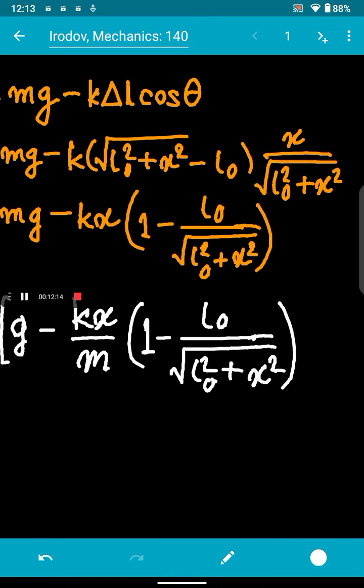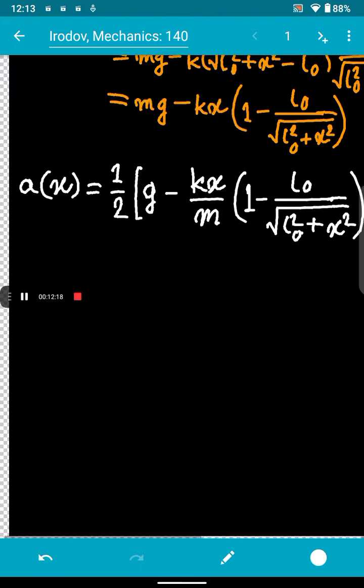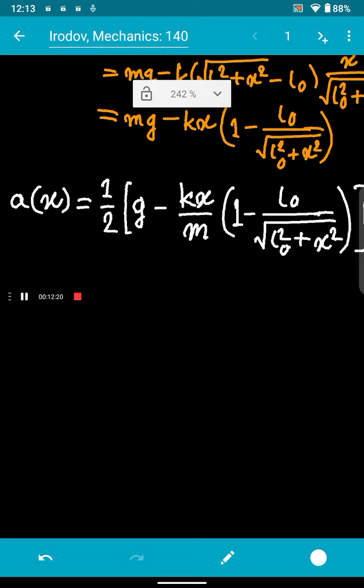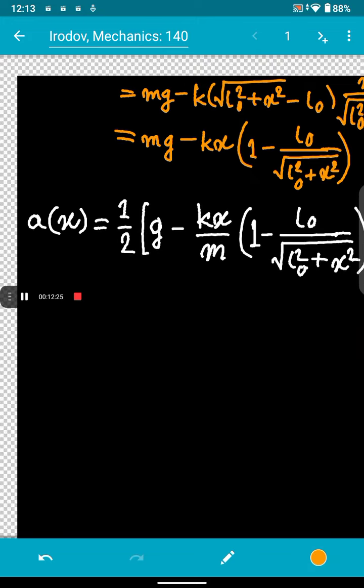Okay, so this method, you can see that it's a little lengthy, and now yes, you guessed it, we have to use integration now. So anyway, let's do it.